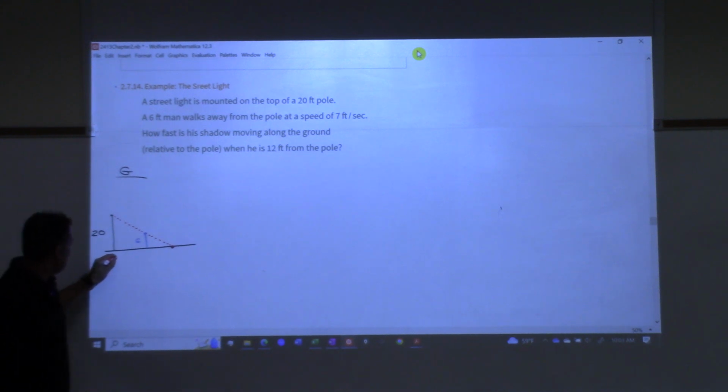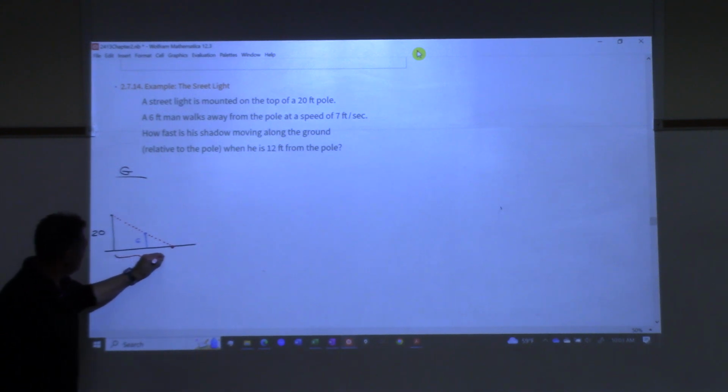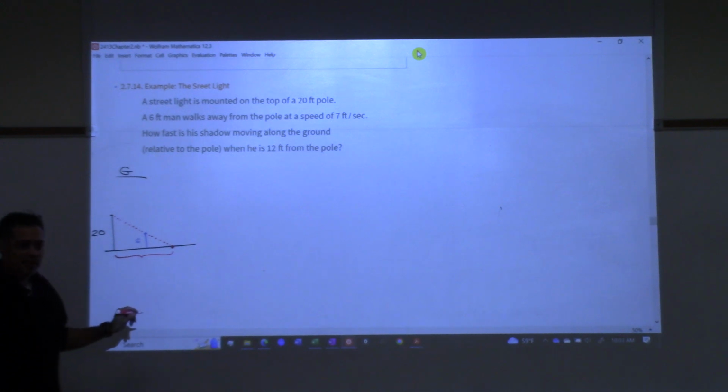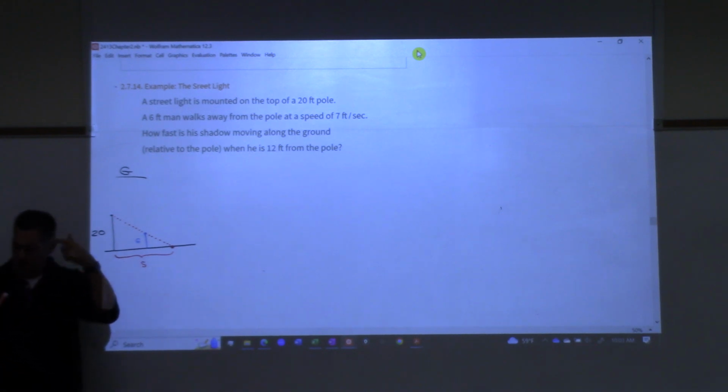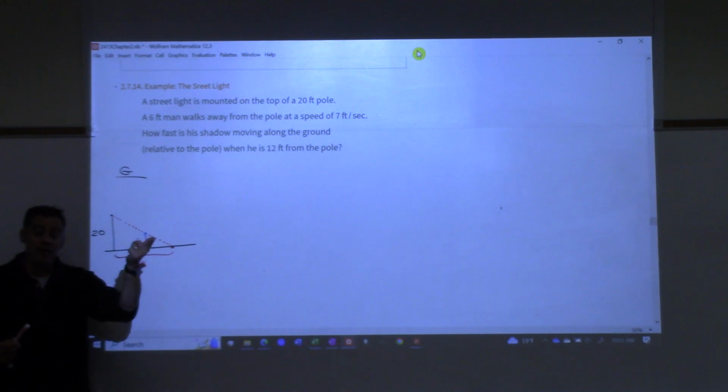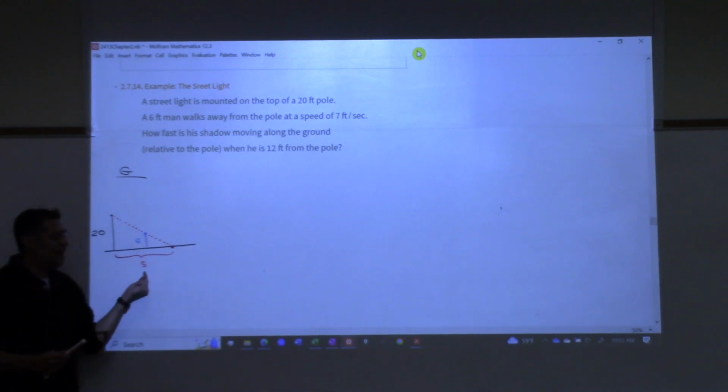So I'm going to call this distance from here to here S for shadow. I can call it X, but I'm going to call it S for shadow. Do you see how what I'm doing is I'm starting to set up what it is that I'm going to want? I want to know how fast S is growing, don't I? So I want dS/dt. So that's why I labeled that S.